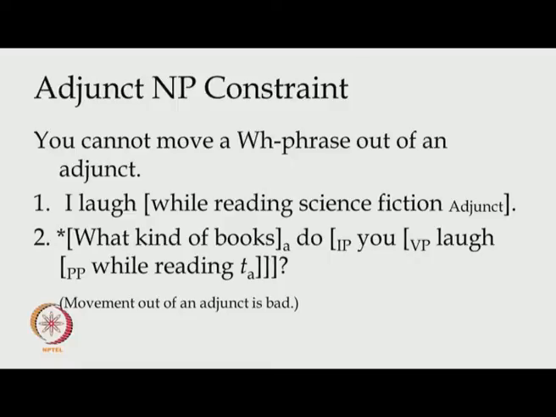Adjunct NP constraint: again, moving out of an adjunct is not allowed. Just like with subject NP, we can question the entire adjunct, but we cannot question just part of the adjunct. So we have a sentence, I laugh while reading science fiction. While reading science fiction is an adjunct. How do we know it is an adjunct?